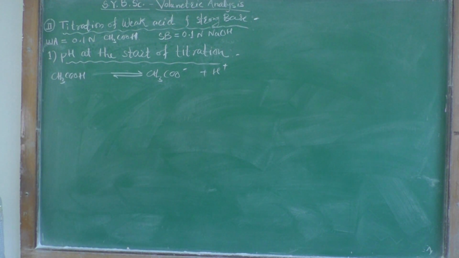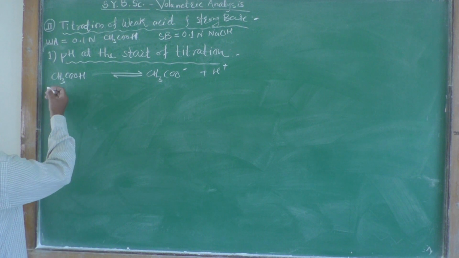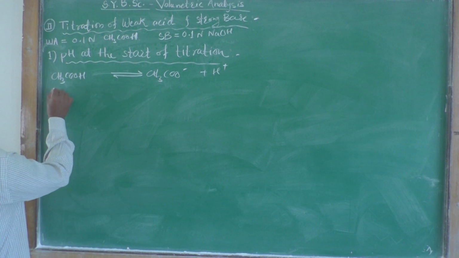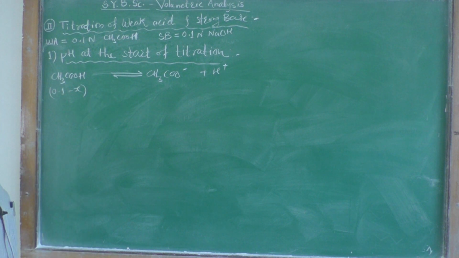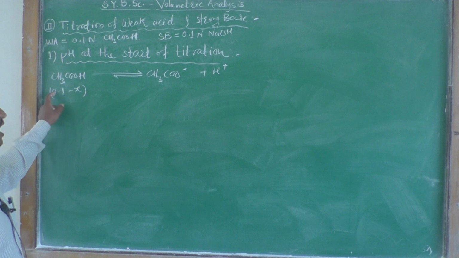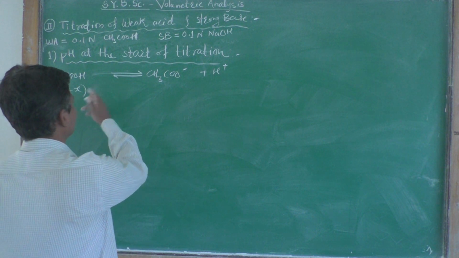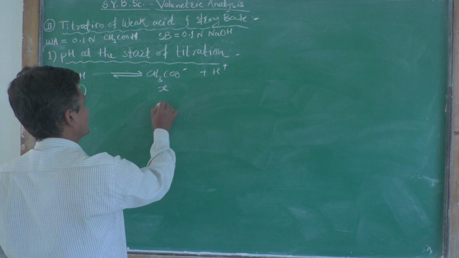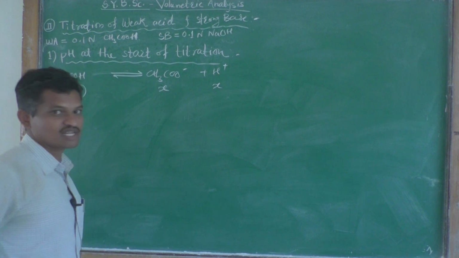At equilibrium the concentration of acetic acid will be 0.1 minus X. At the start we have only 0.1 normal acetic acid. X is the degree of dissociation of this acetic acid, and it will form X millimoles of acetate ions and X moles of H plus ions.